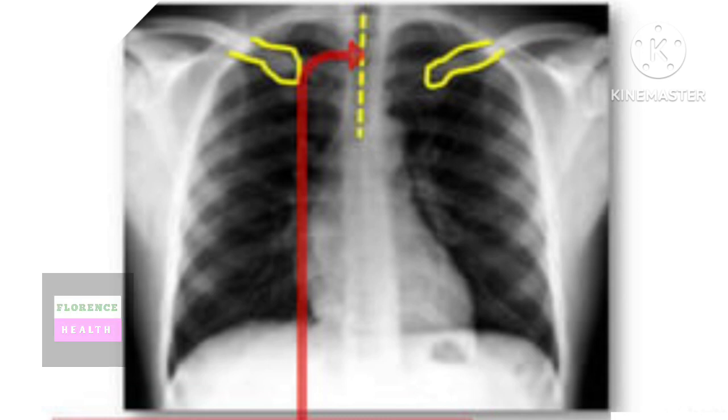Again I am telling you, you should make an imaginary line by joining the spinous process of each thoracic vertebra, and observe whether both clavicular heads are equidistant from this imaginary line or not. If they are not equidistant, then it is a rotated X-ray. So, you should ask for a fresh one.